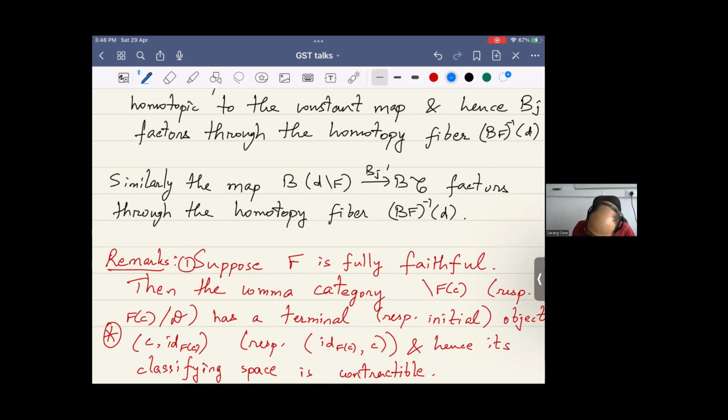Let me write this correctly. This should be f of c comma f, and this should be f comma f of c.